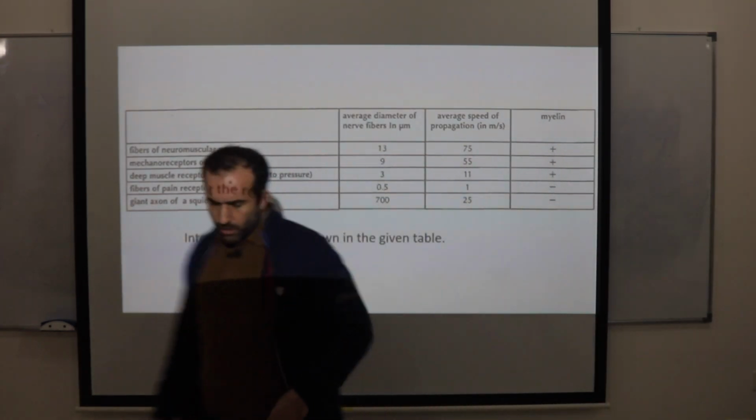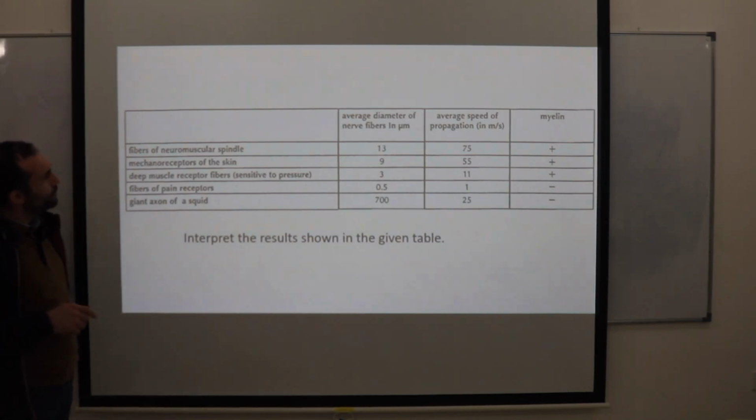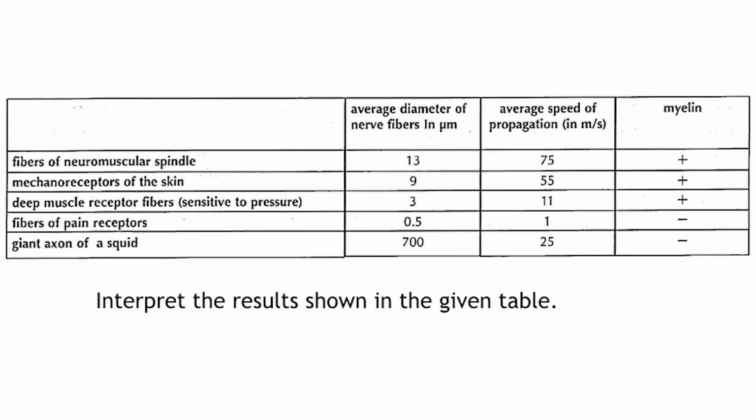This table is taken from your book. Your book shows you many fibers, and for each of them, the average diameter of the nerve fiber is put here, and it gives you the average speed of propagation that is not the same.